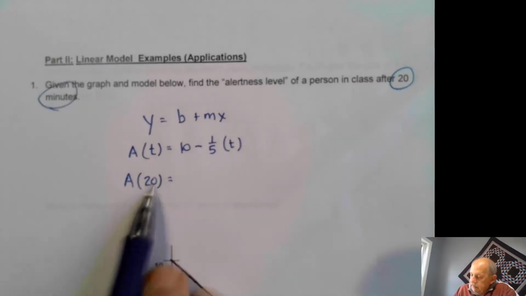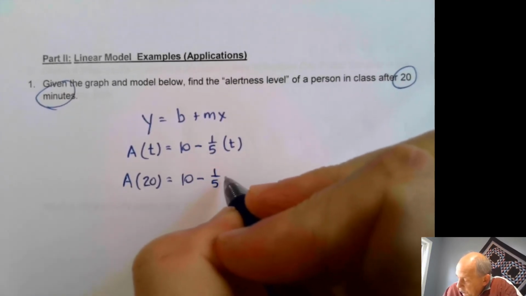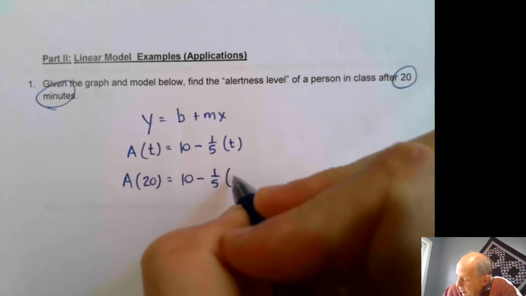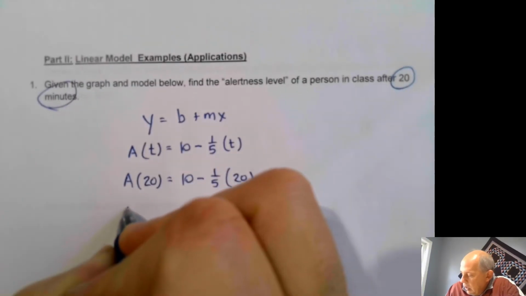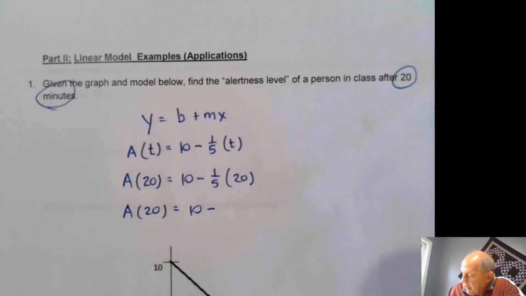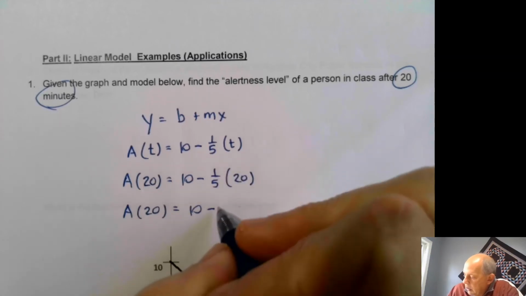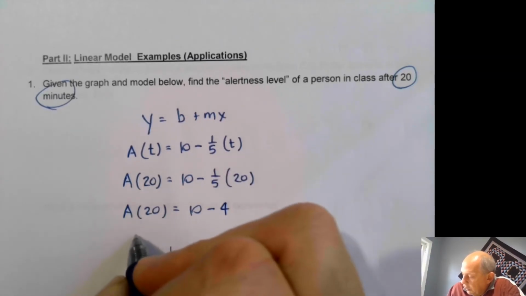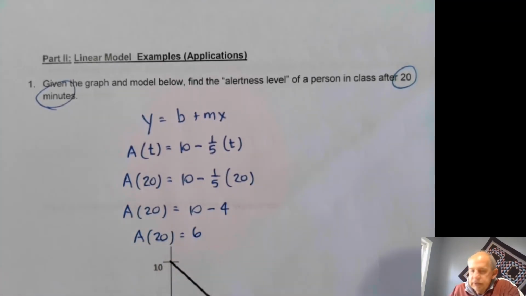The alertness level after 20 minutes is 10 minus 1/5 times 20. That's going to be 4. My alertness level after 20 minutes is 6.